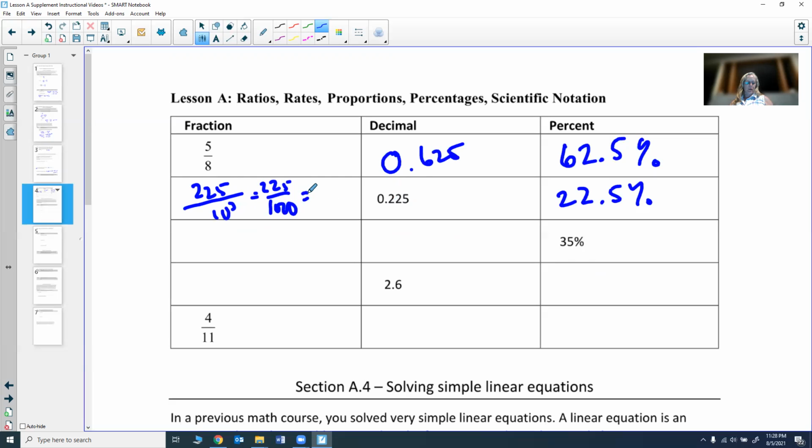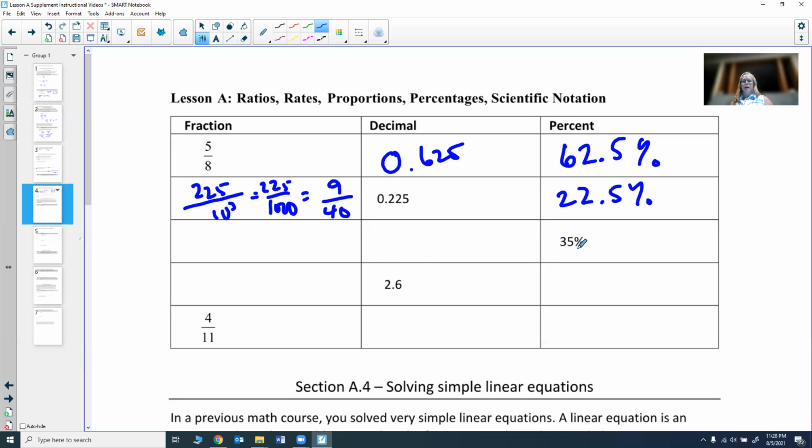And then all we'll do is make sure we don't have any common terms. In fact, you do. 25 goes into 225 9 times, and 25 goes into 1,000 40 times. So that's in its nice reduced form.